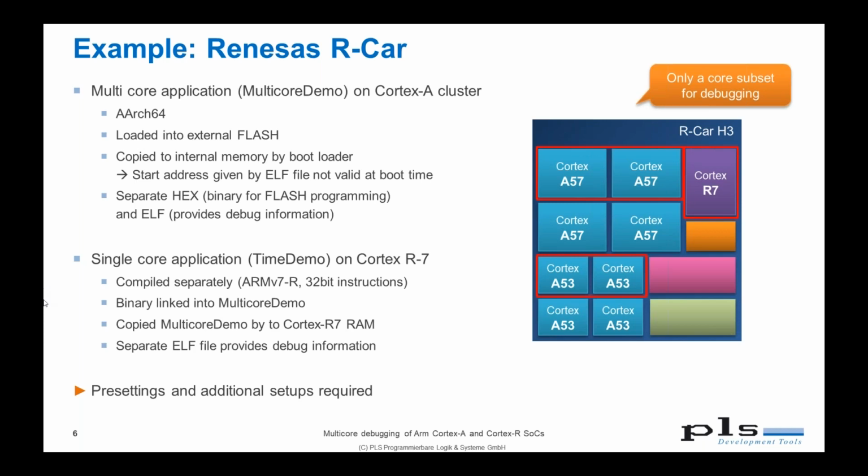The reason for that is that 9 cores would need more space on the screen than the selected 5 cores here. But the application itself runs on all the cores in parallel. Okay, then let's jump to the UDE to create a workspace.